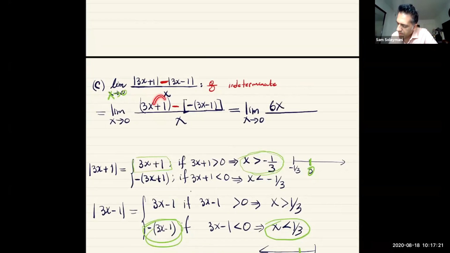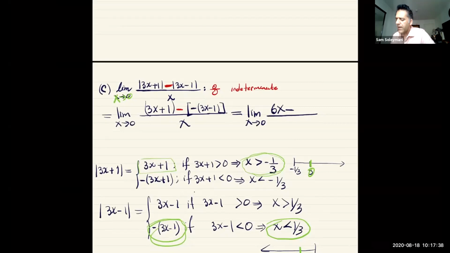And we have 1 minus negative 1. Right? Negative, negative, negative is negative. Okay, so you have 1 minus 1, which is 2. Is that right?